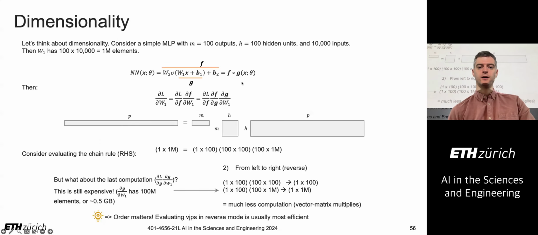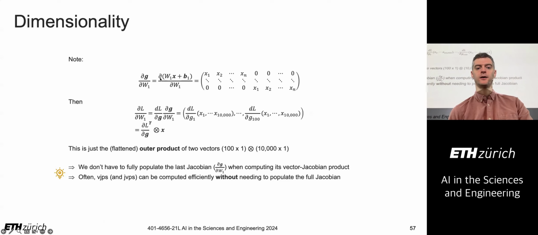This is just the hidden output with respect to the weights. You can actually write down the mathematical expression for the Jacobian because it's a very simple linear operation. So it's the gradient with respect to weights of this linear operation here. And you can go away and check that this is true.